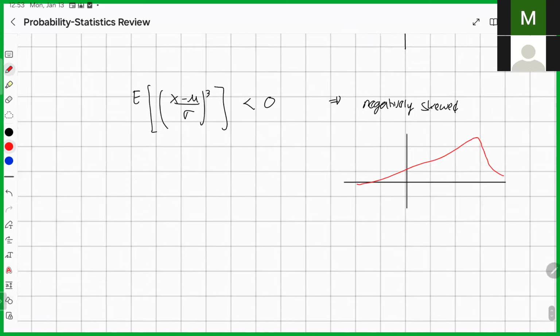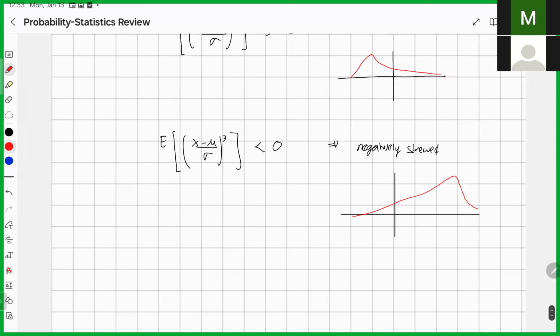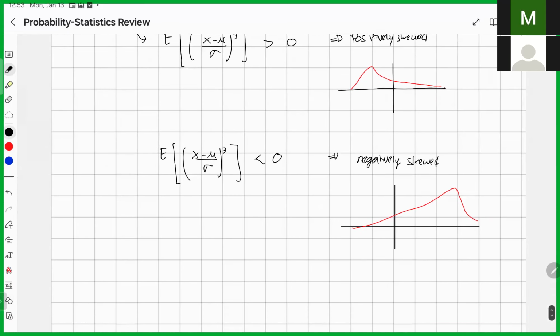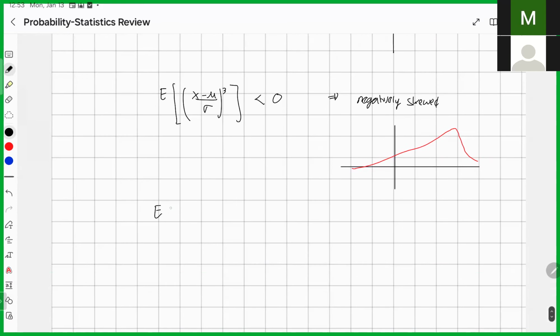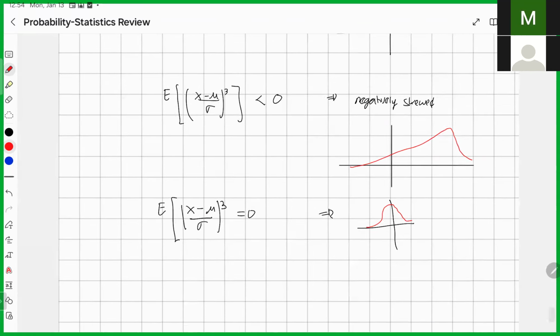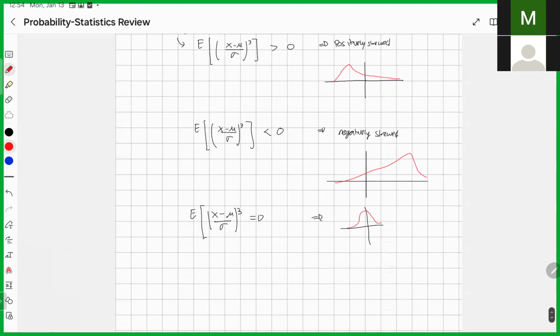So this is negatively skewed. And if it equals 0, then basically our data doesn't have skew, so it's perfectly a bell curve shape. So this is the interpretation of skewness.